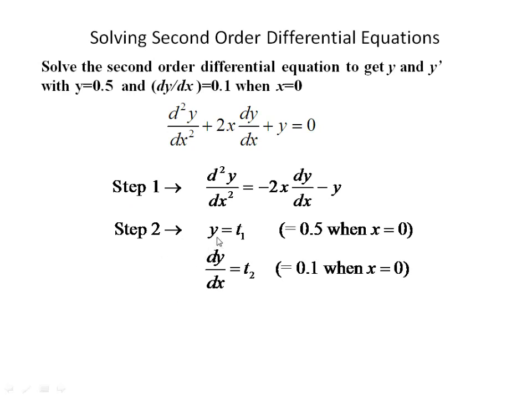So I put y = t1. So the initial condition for t1 or y is 0.5 when x is equal to 1. Similarly, dy/dx or y prime I have put equal to t2. So y prime has the initial value 0.1.